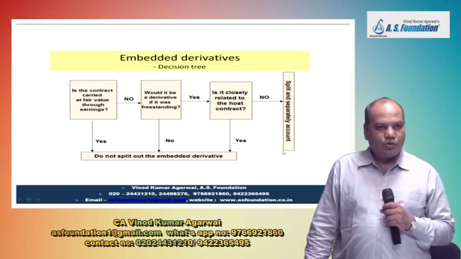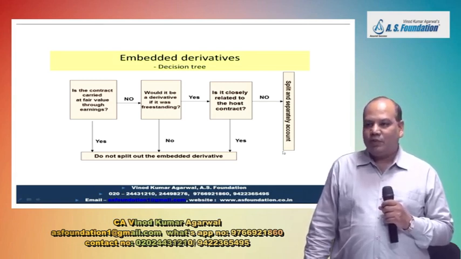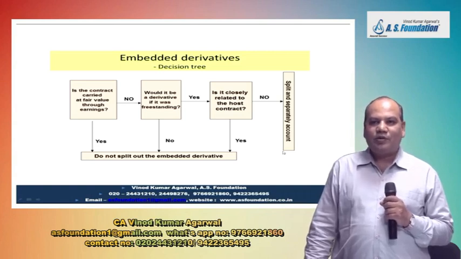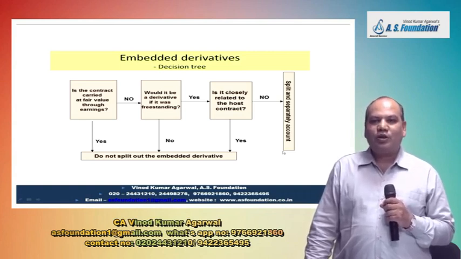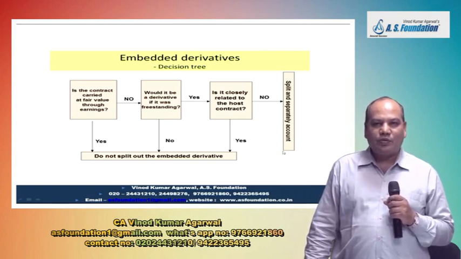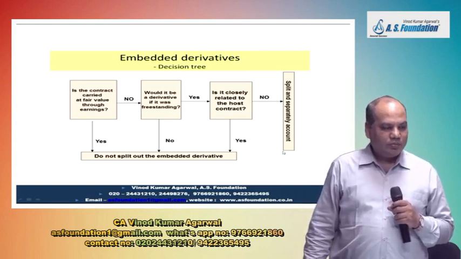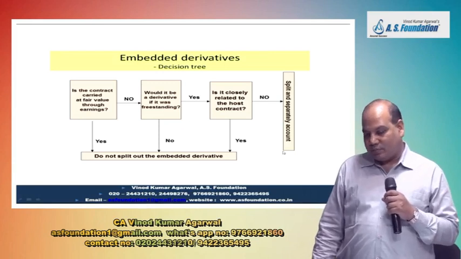First condition, it should not be FVTPL. It should be a derivative on a standalone basis, and its economic characteristics are not closely related to the economic characteristics of the host contract. Then you will have to separate them.